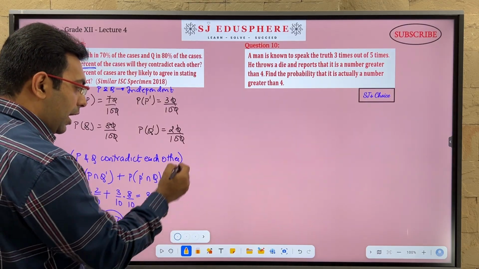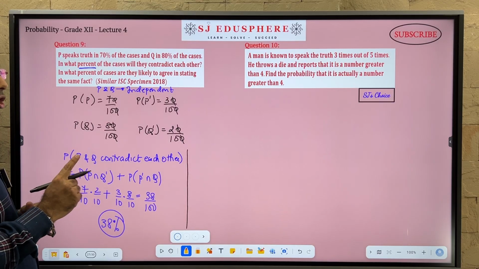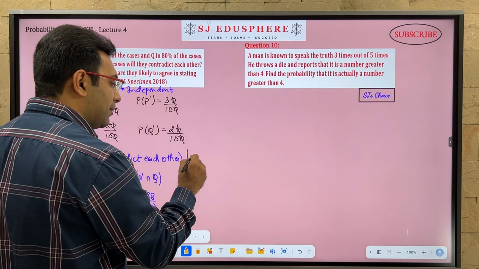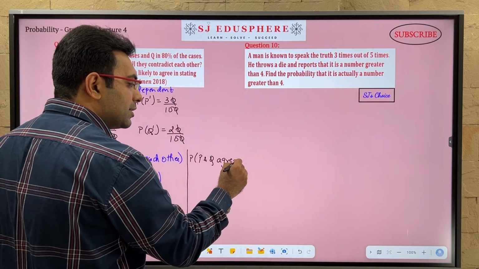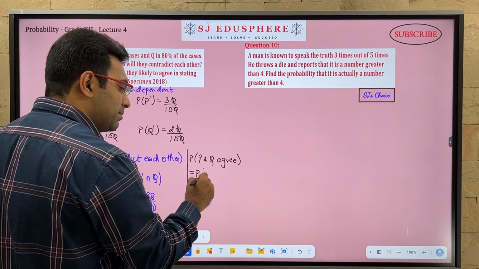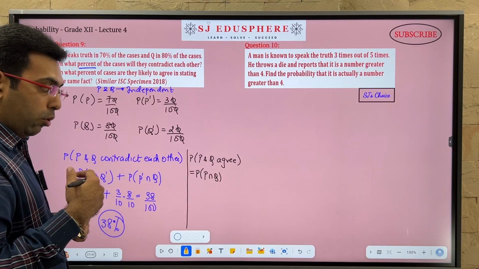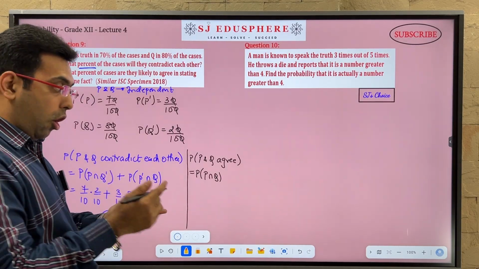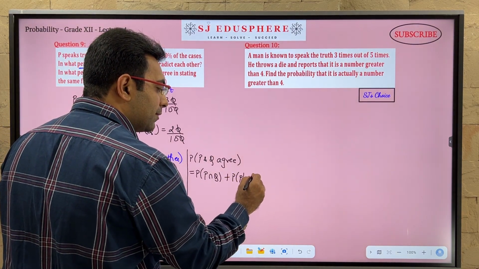Cut to, I say, in what percentage of cases are P and Q likely to agree upon the same fact? That means P will speak the truth and Q will speak the truth. Both of us are saying head, means both are saying the truth, or both are speaking a lie.